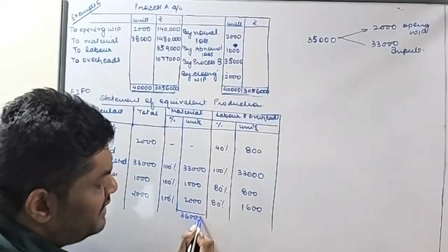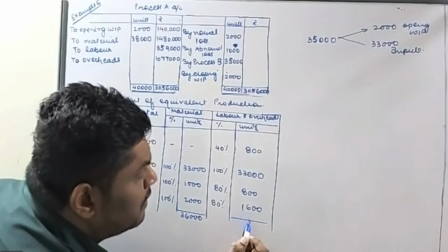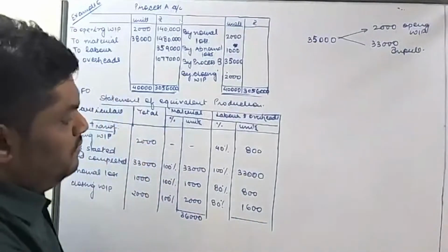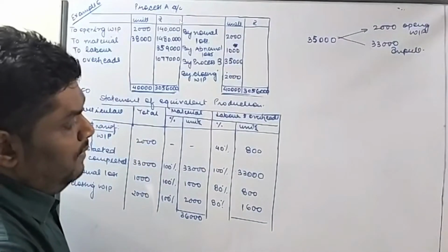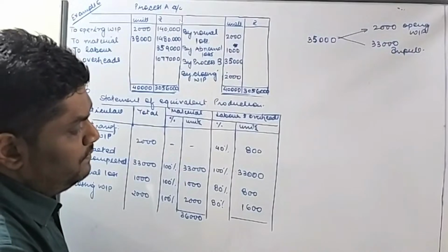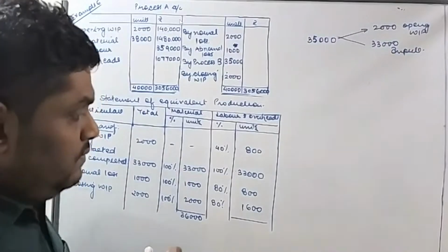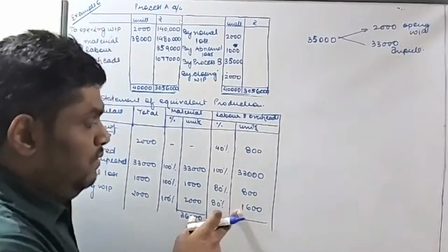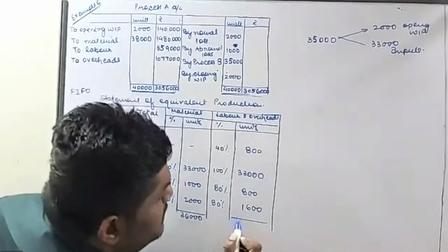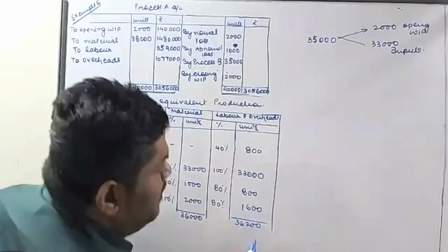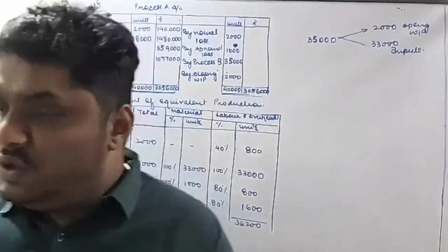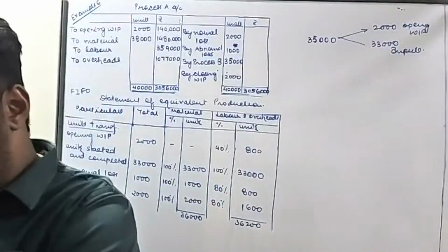So this will be 36,000. This will be 36,200. Anyone having any doubts or queries, you guys can please post your queries.